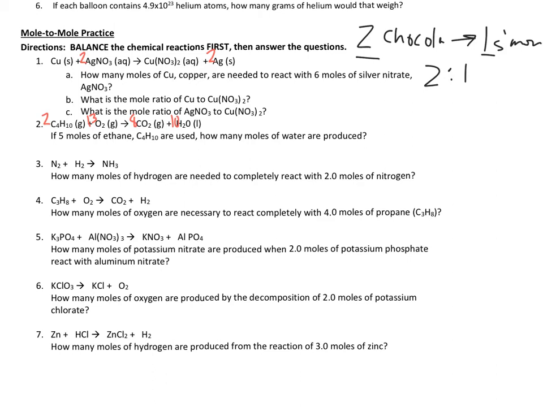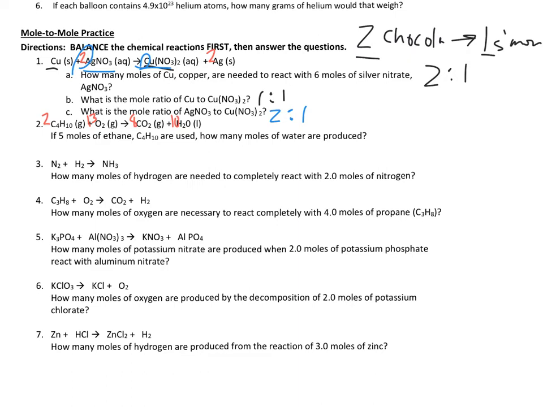Same thing here. Let's jump down to 1b, where it says, what is the mole ratio of copper to copper nitrate? Both of them have a 1, so this is a 1-to-1 ratio. And C says, what is the mole ratio of silver nitrate to copper nitrate? Here we have a 2, and here a 1, so it's a 2-to-1 ratio. We're going to be using these ratios as conversion factors.